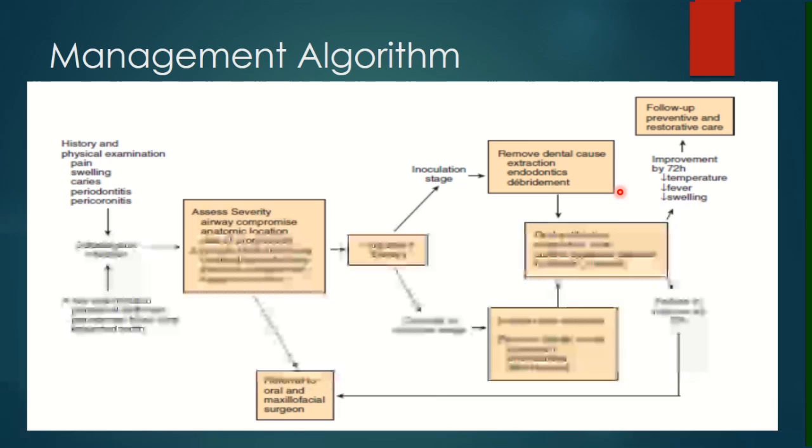The normal body temperature is about 37.2 Celsius. So if the patient has 38.3 or 38.5 degrees Celsius, this means the patient has a fever. Fever بالعربي يعني سخونة خلينا نقول. This is a sign of something wrong going on in the patient's body.